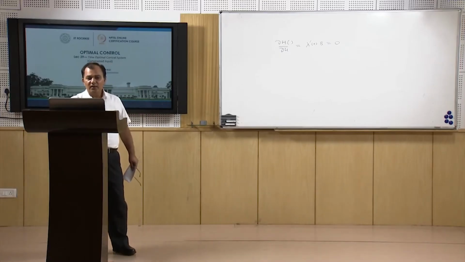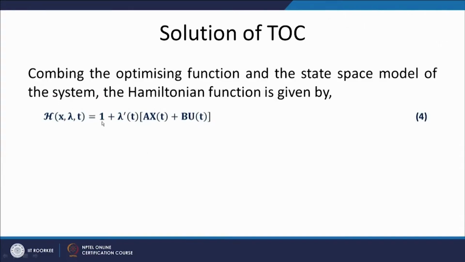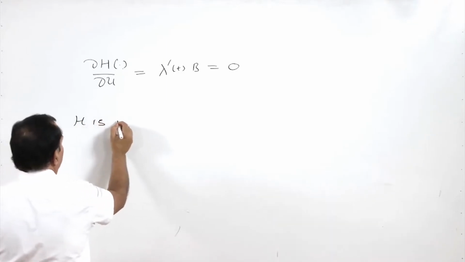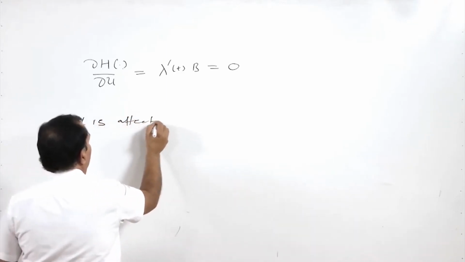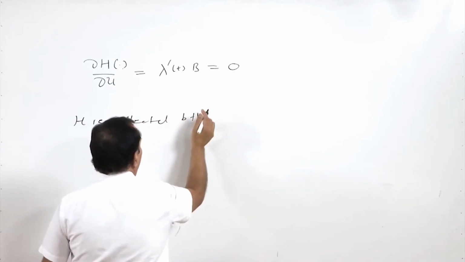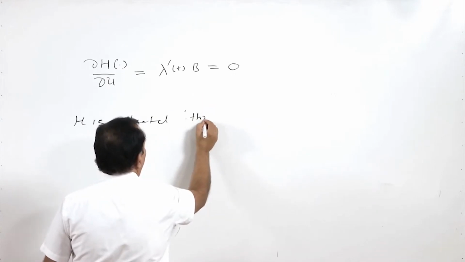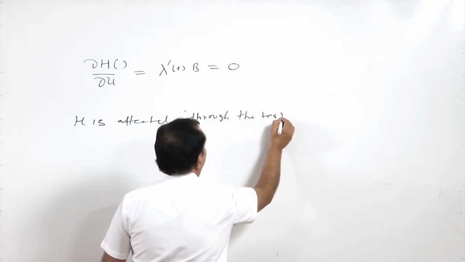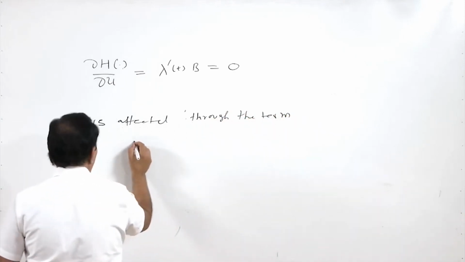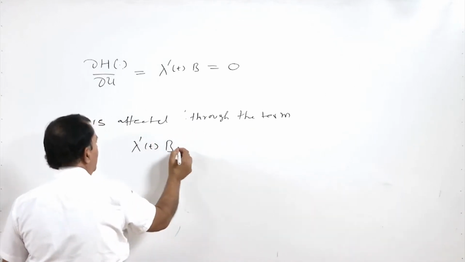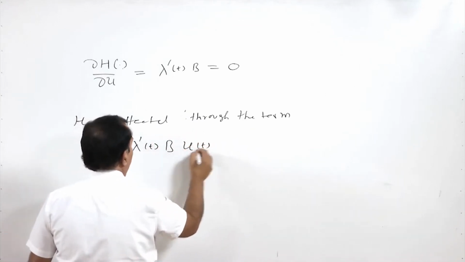And if you see, this H is affected by the U through the term lambda prime B u t.